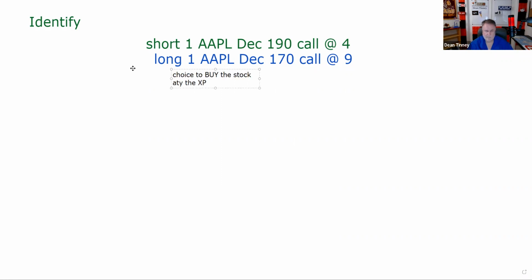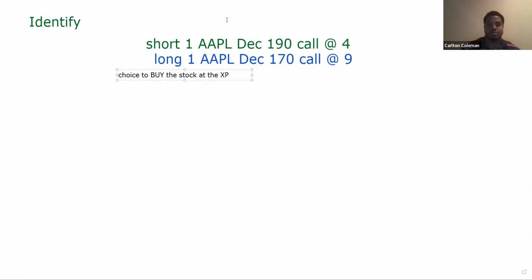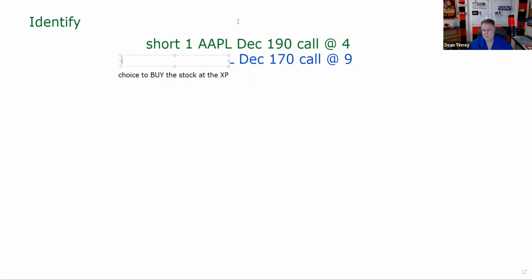So maybe I want to put that there just to remind myself what's going on. This is going to be my floor. That's what spreads are all about, floors and ceilings. I'm saying I want to play between 170 and 190, and I don't want to play any more.